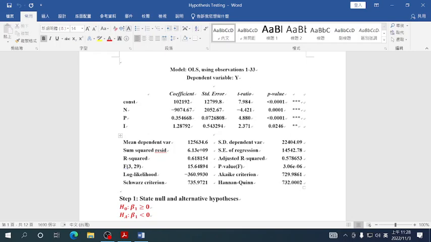You may also run it using Excel too. Okay, if you can run it both ways.